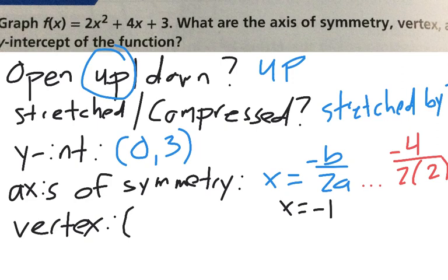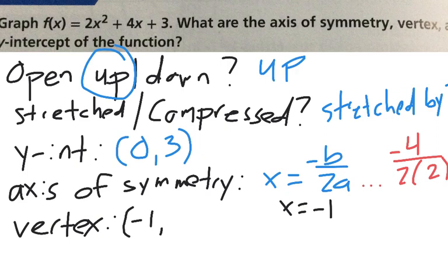I know the vertex happens on the axis of symmetry, so if x is negative 1 at the axis of symmetry, the vertex happens at x equals negative 1. Now all I need to know is, what is the y value when x is negative 1? So I'm going to take negative 1 as my x and plug it into my function.